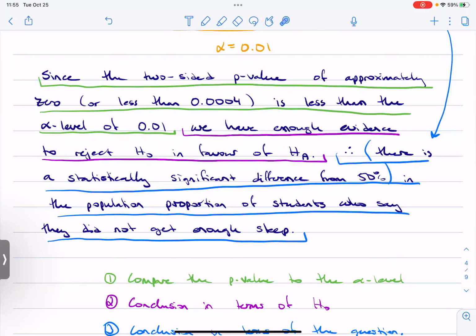For example, if you said, since the two-sided p-value of approximately 0 is not less than the alpha level of 0.01, that's wrong. But if you followed it up with, we do not have enough evidence to reject H naught in favor of HA, therefore, there is not a statistically... If you just follow through with what you said initially, that's going to keep the most points.